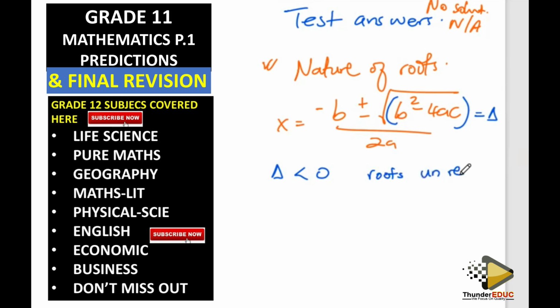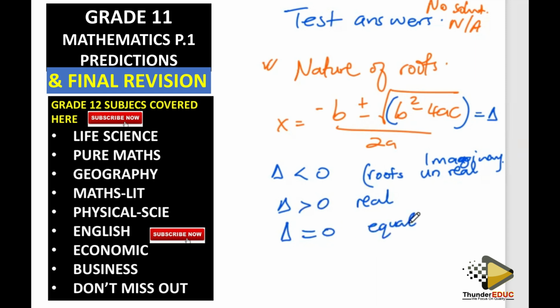Just say non-real, or another word that we normally use is imaginary. Okay, so the roots are just imaginary, they do not exist in real sense. And then if the discriminant is greater than 0, then the roots are real. Then if this discriminant is equal to 0, then we know that the roots are equal.